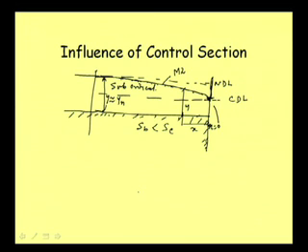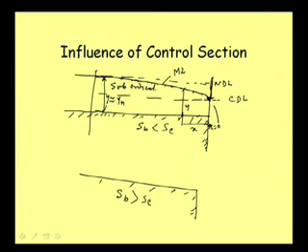Now, if we take the same bed condition, but suppose it is a steep slope, and it is like this. There is a drop, and if it is steep slope, that is SB is greater than or equal to SC.